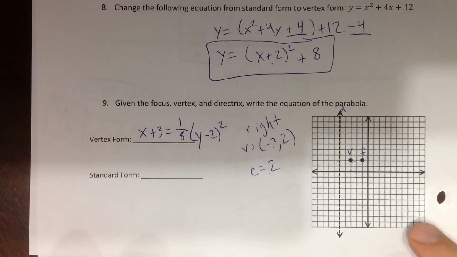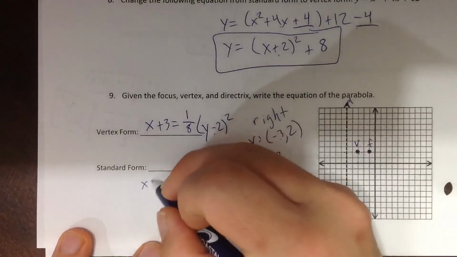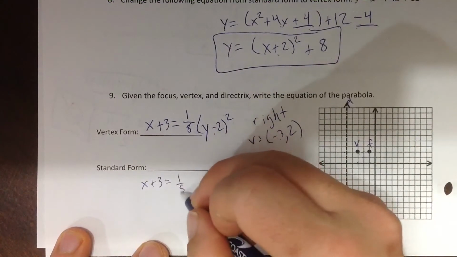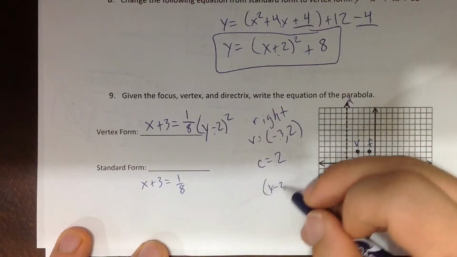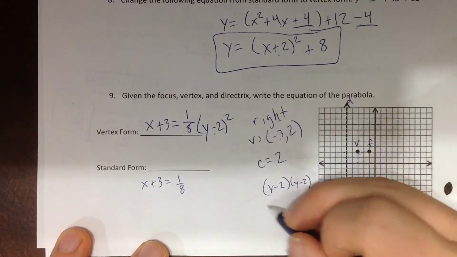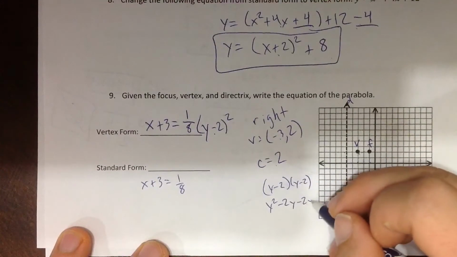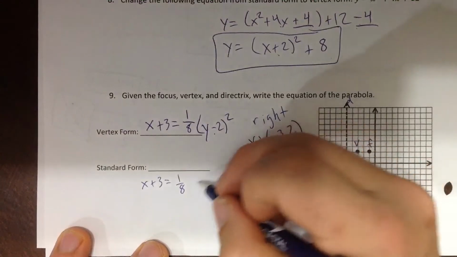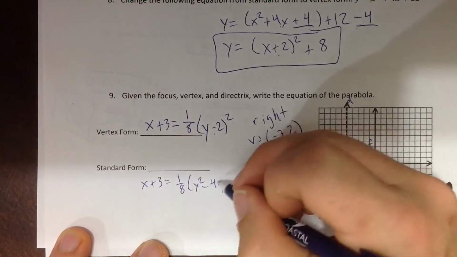That's my vertex form. Now to find standard form, I'm going to start off by FOILing this. So I'll keep everything else the same. And so y minus 2 and y minus 2 becomes y squared minus 2y plus 4. And so that is y squared minus 4y plus 4.